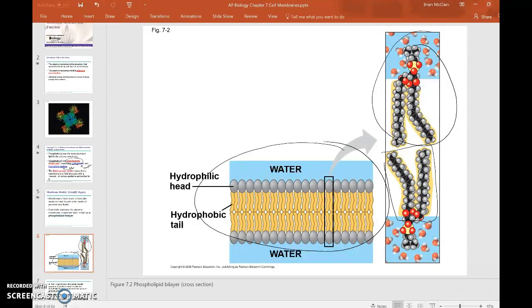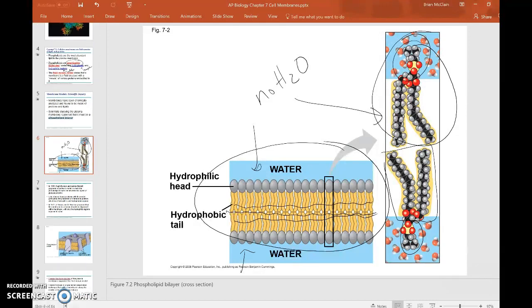Based on this image, you're going to see that there is no water found through here. So this area right through the middle, all through these tail regions, is very hydrophobic, so it's difficult for things that are polar, such as water. What we do notice is the head regions are polar. That's why we see water on the inside and the outside of the membrane.